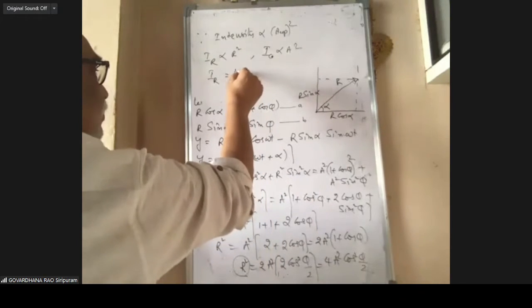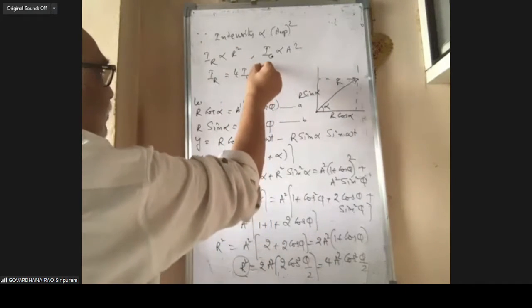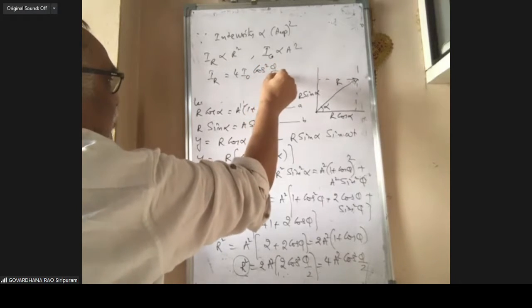Here, I_R equals 4 I naught cos square phi by 2.